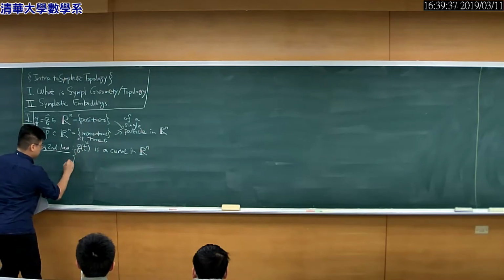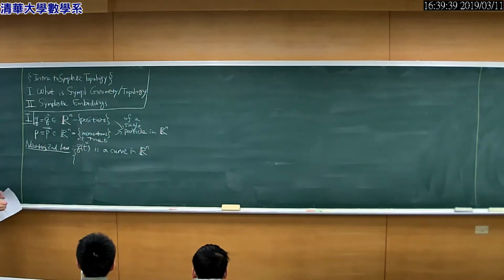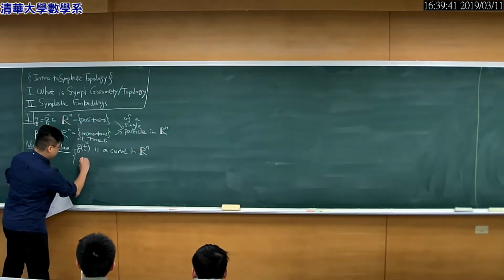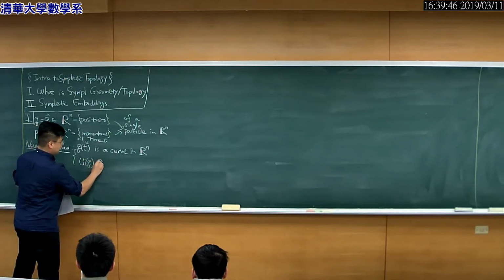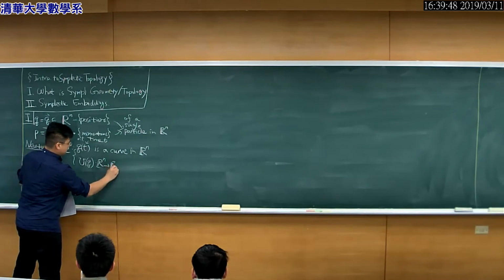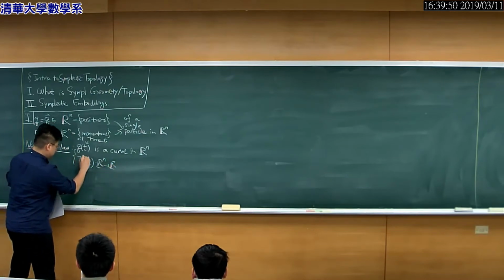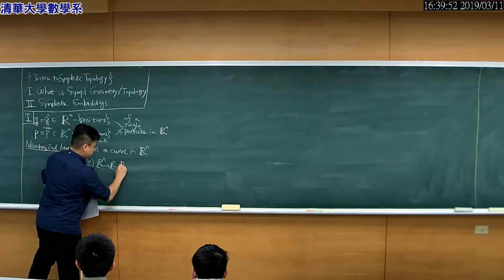And the second piece of information will be, say, V. V is a function from R^n to R, a potential.